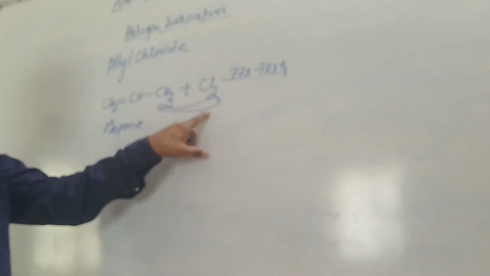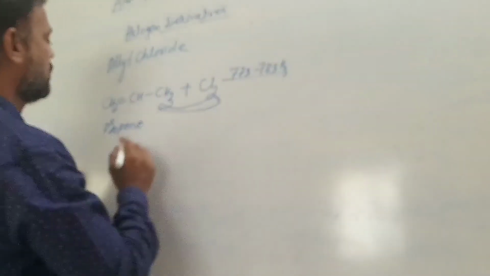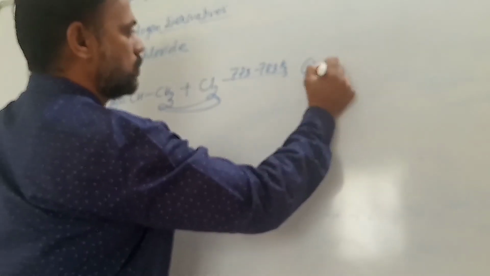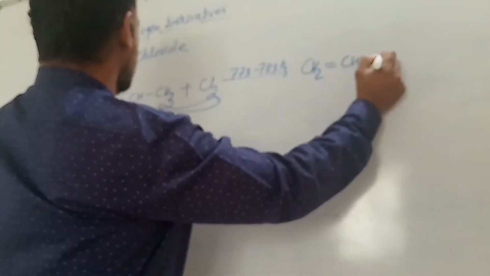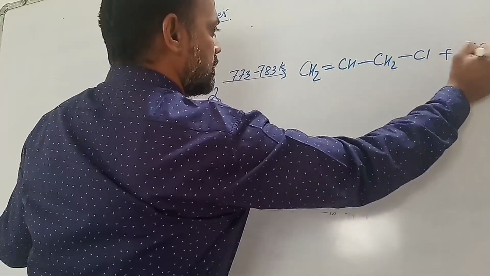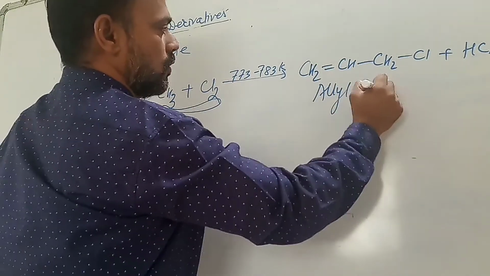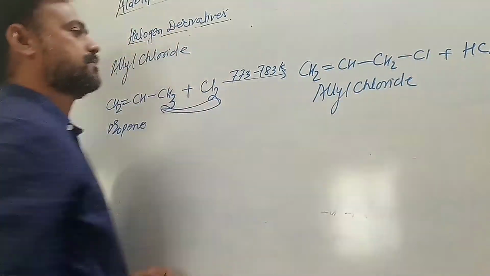When chlorine gas is passed through propene at 773 to 783 K, CH2=CH-CH2Cl is obtained and an HCl molecule is given out. That is, allyl chloride is obtained.